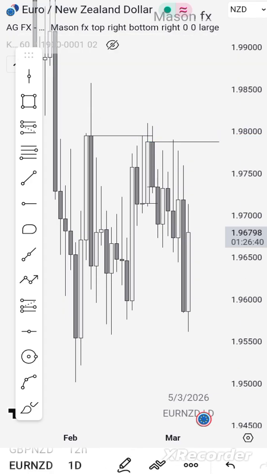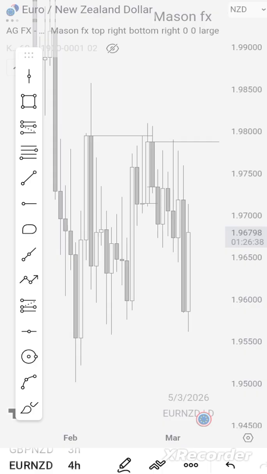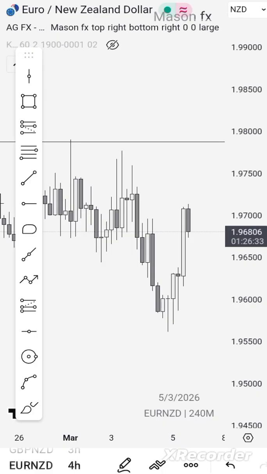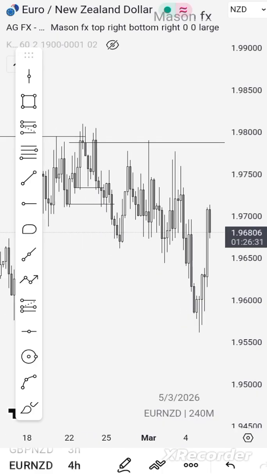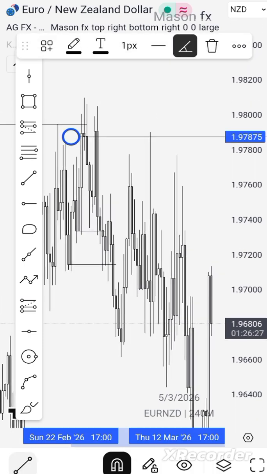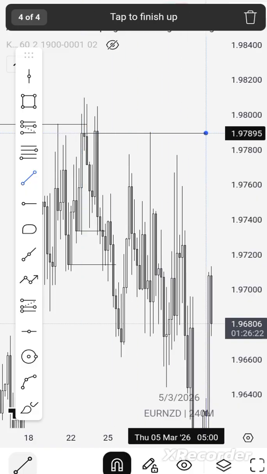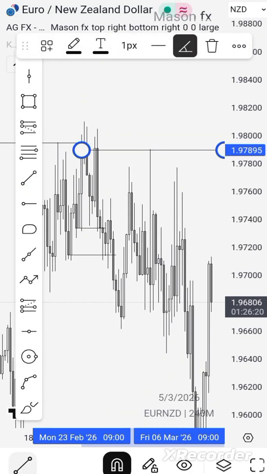So that was the resistance that I marked, and then on 4 hours, it was a QM, an OCL on 4 hours rather. And I refined it to that QM level. So that was the reason why it sniped so much. Do you get it now?